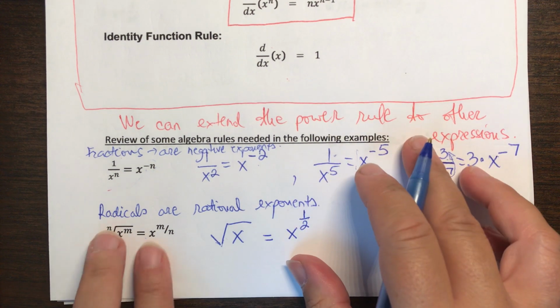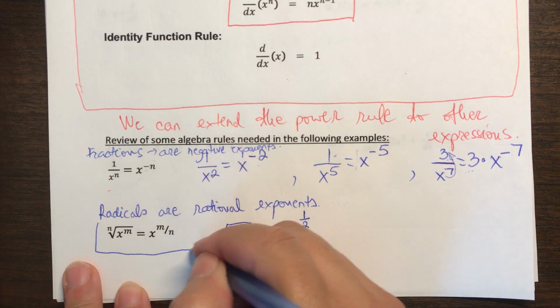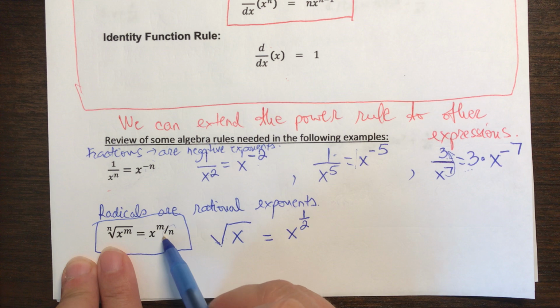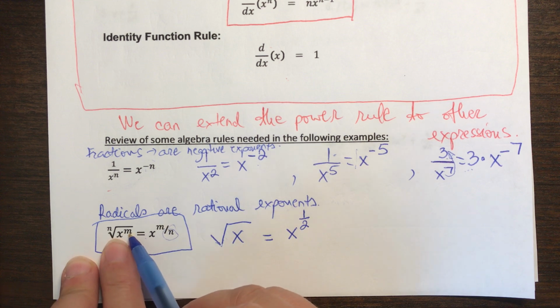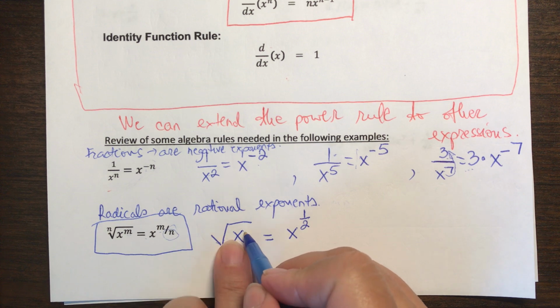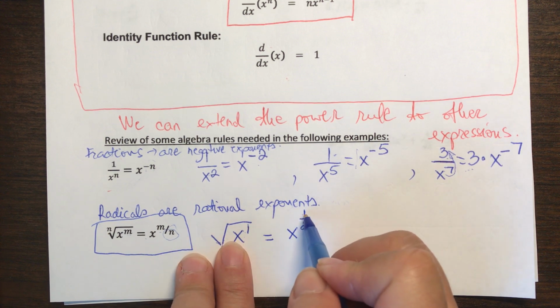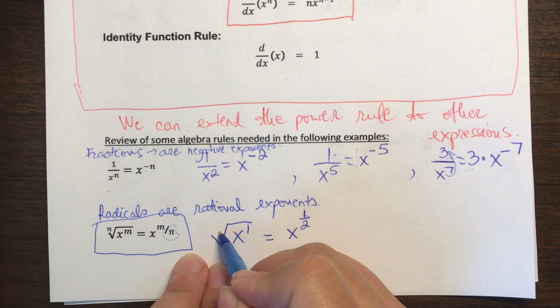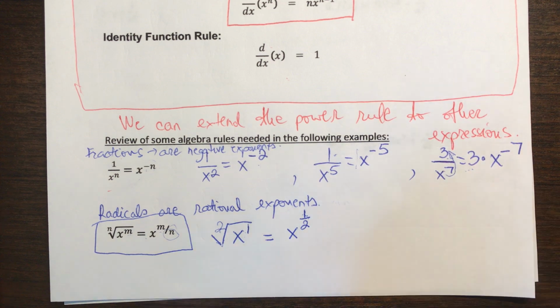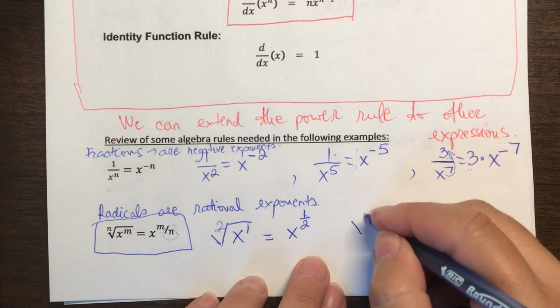This rule here says that the index of the radical is your denominator, yes? If this x should come to some power, that's your new numerator, okay? So what's the power of this x? It's 1, yes? So that's why that's your numerator. What's the index, we call it, of this radical? If none is written, it always means a 2. So that's why that's an x to the 1/2.